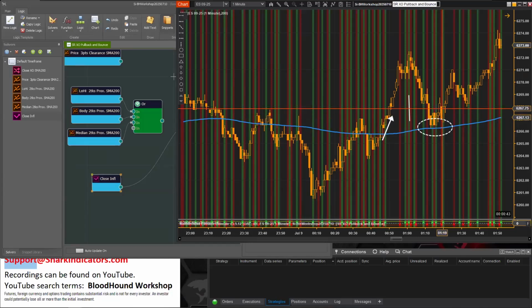Let's wait for at least 2, maybe 3 up bars, to confirm that price did clearly bounce away.